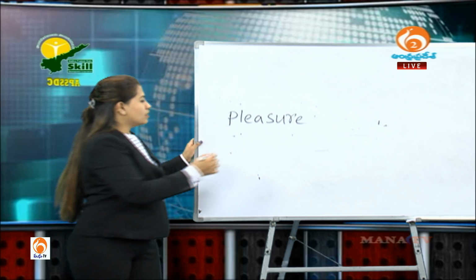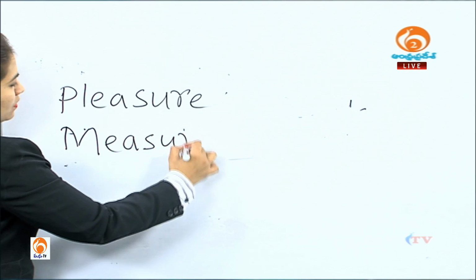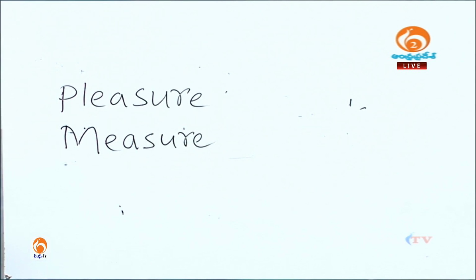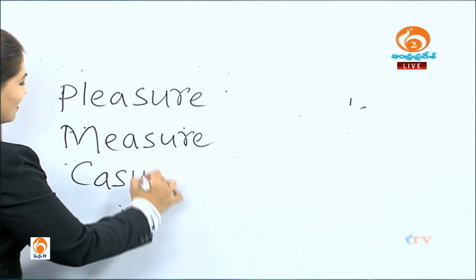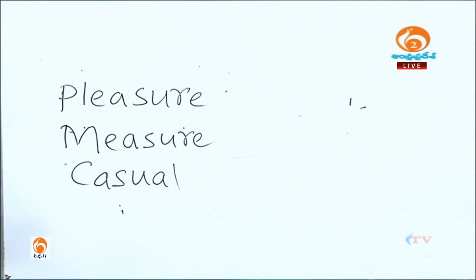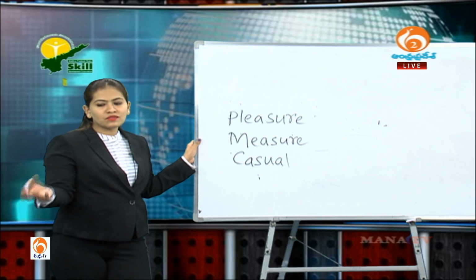So the word pleasure. Measure. The second word is measure. Third word is casual. Like the slide gives us the example.